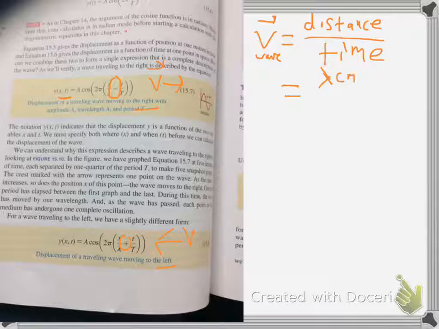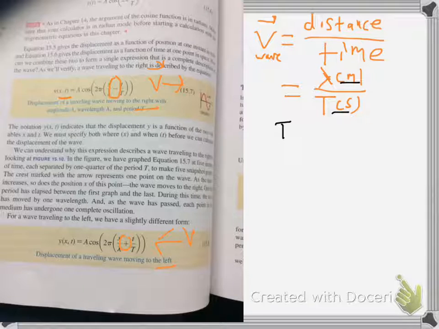This is still in meters. There's nothing fancy there. And it's over T, for period. So this is still meters per second as far as units. But more commonly, you will see this rewritten.